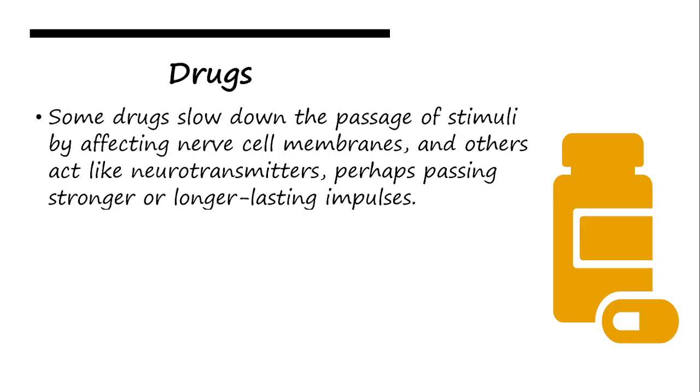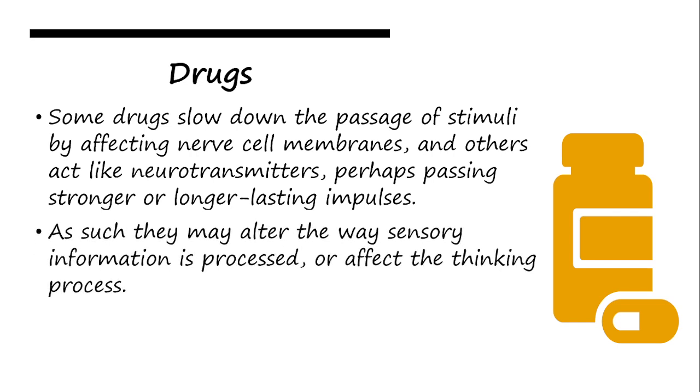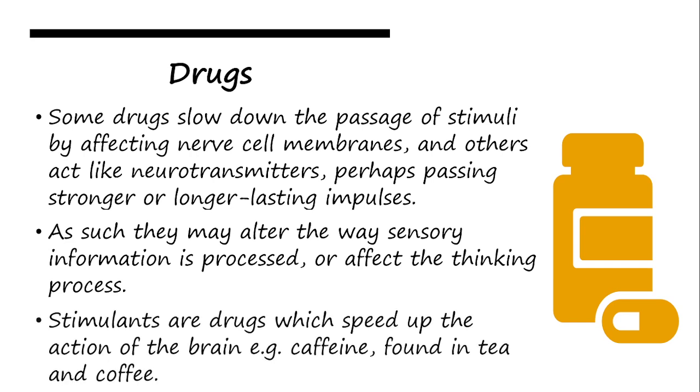Perhaps they lead to stronger or longer lasting impulses along the nerves. As such, they may alter the way sensory information is processed, or they can also affect the thinking process. So here you see how the use of drugs can have an impact on nervous coordination.